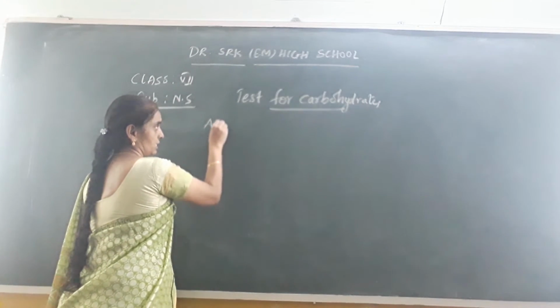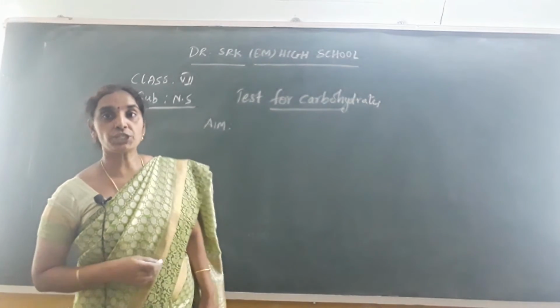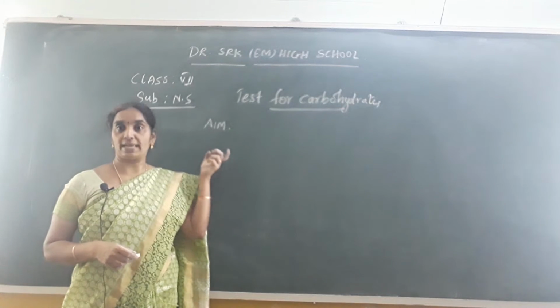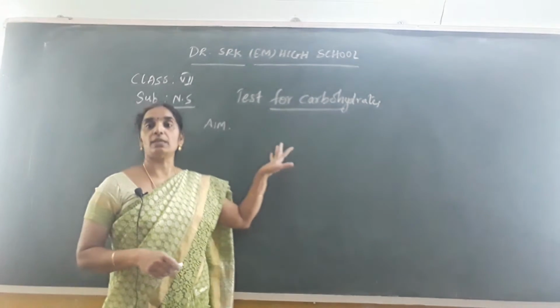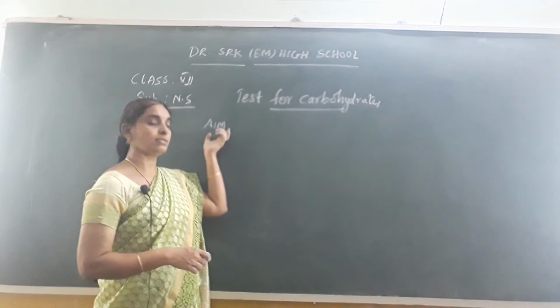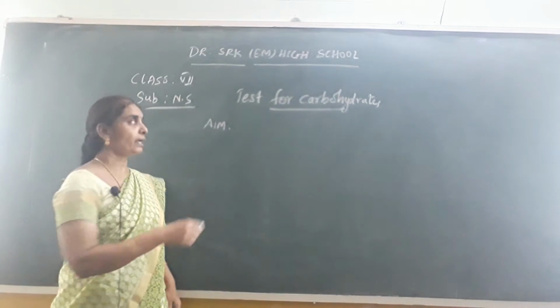For each test, you should know how to prepare the observation notes. First you should know what your aim is to do the experiment. This is a test which can be experimentally proven in the laboratory. So for this, what is your aim here?